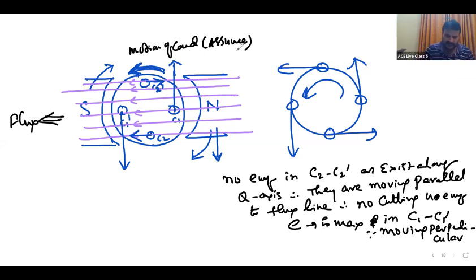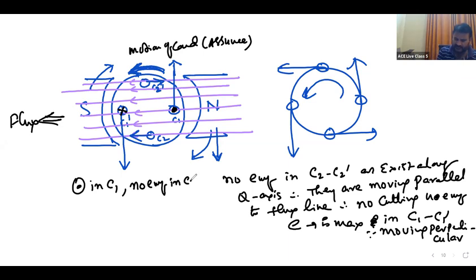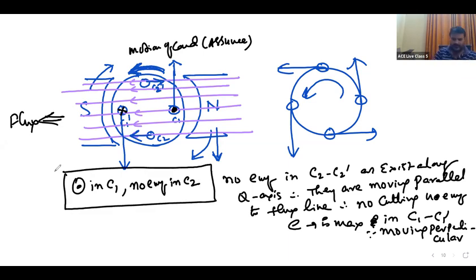A dot in C1, but a cross in C1 dash. So, dot in C1, but no EMF in C2. Therefore, what is the answer? A is your answer.